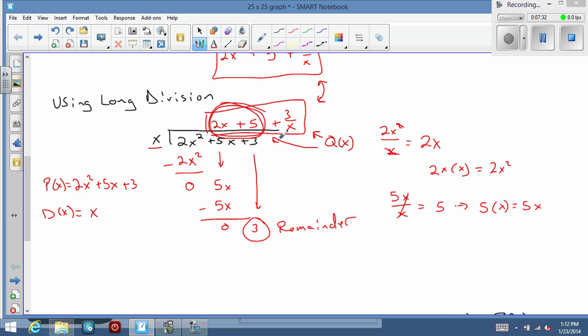Okay, so that's over here. So q of x is 2x plus 5. And r of x is the remainder. So polynomial, divisor, quotient, remainder. And my remainder, it was 3.